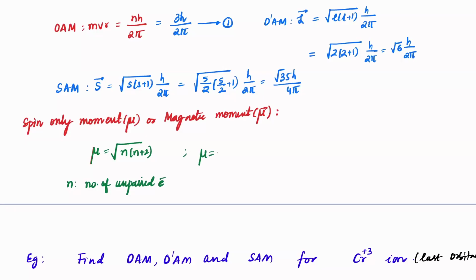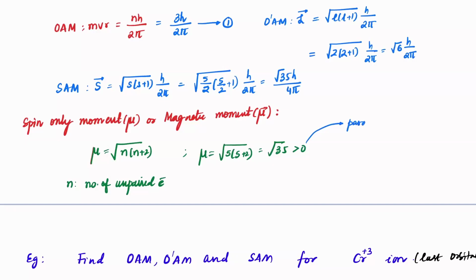So mu here will be equal to under root of 5 unpaired electrons, so 5 into 5 plus 2, which is equal to root 35. Can you see there is a match here? So spin angular momentum will always have the multiplied value of mu. And if mu is greater than 0, that is a measure to para and diamagnetic.